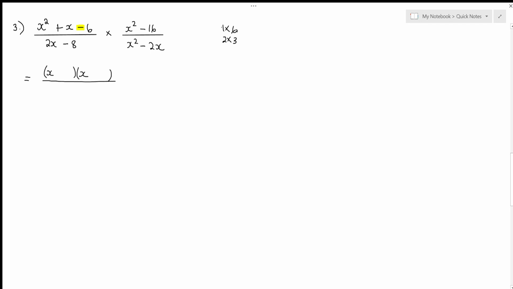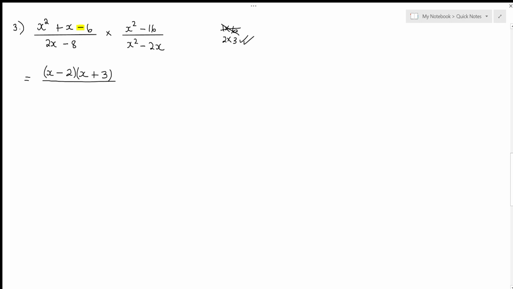So 6 minus 1 will give me 5, and my middle term is not 5, it's 1. 3 minus 2 will give me 1, so definitely these are going to be my factors. So I'm going to use 2 and 3 here. But I look at my middle term is positive, so the positive would go with the bigger number, and the negative with the smaller number.